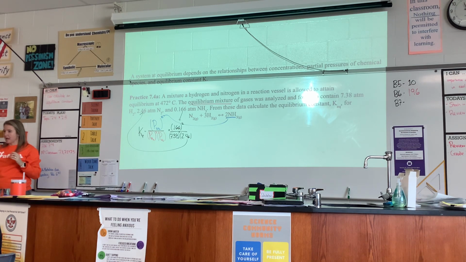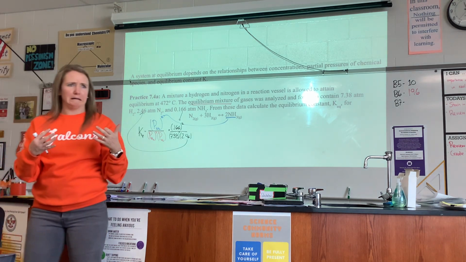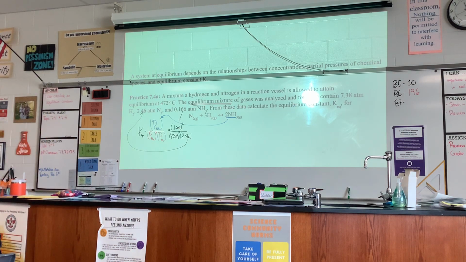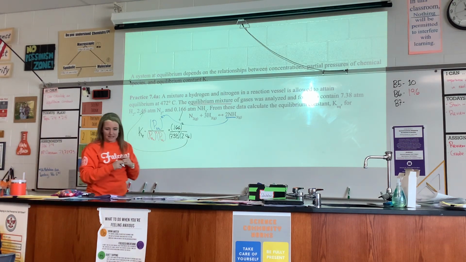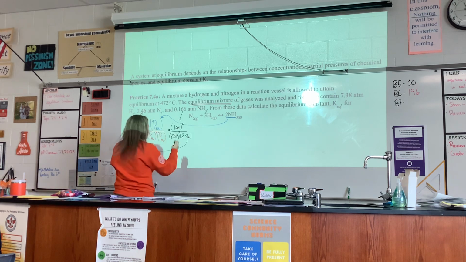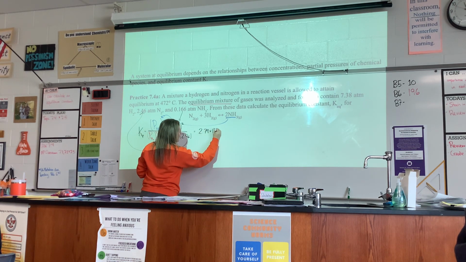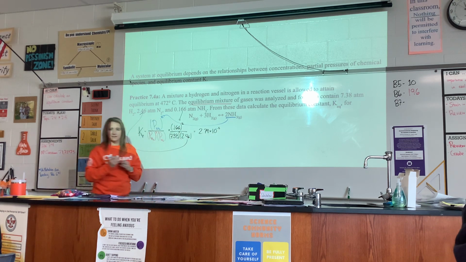Maybe if you want to draw arrows to remind yourself where these numbers are coming from. The best thing with your notes is you want your notes to tell you a story of how you got to the end. Otherwise you just look at it and you're like, how did I get from here to here? And then just let your calculator do the work. If you plug it in correctly, I got 2.79 times 10 to the negative 5th. That's my answer.